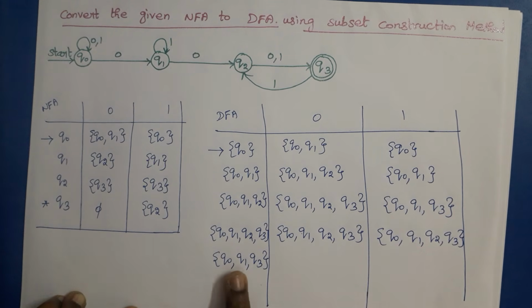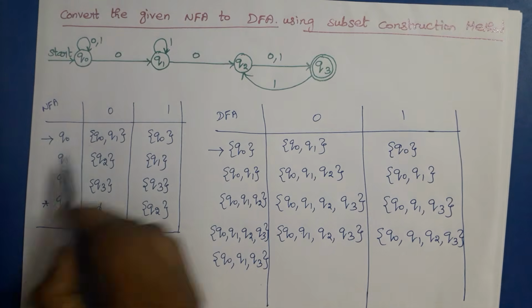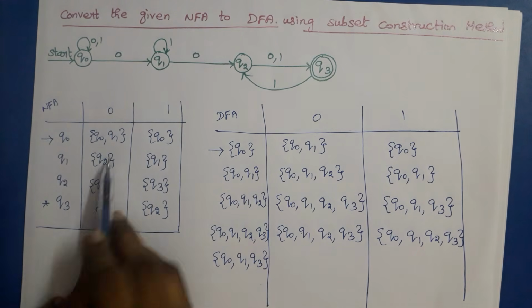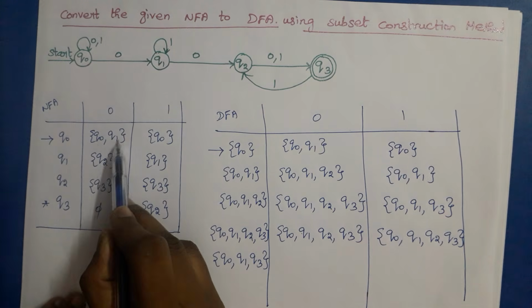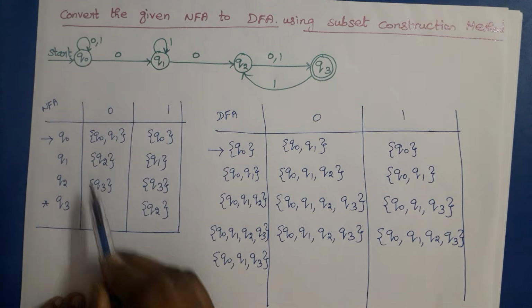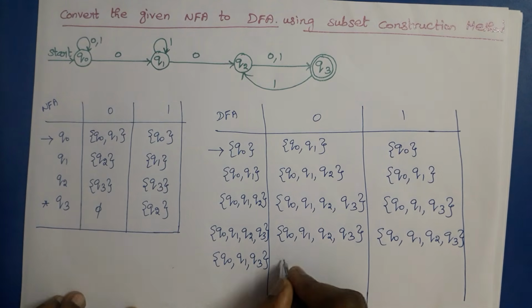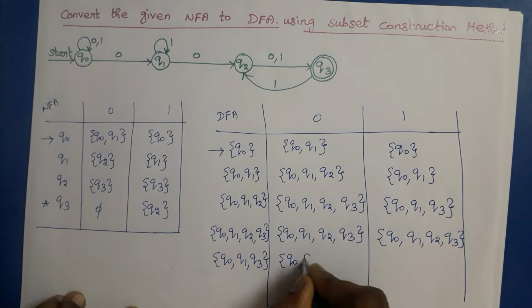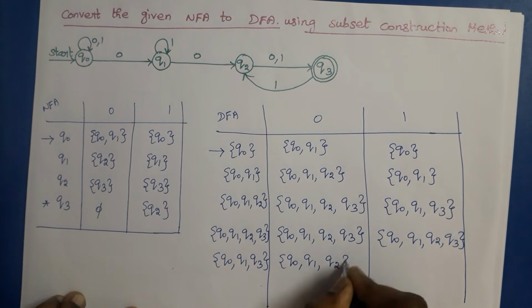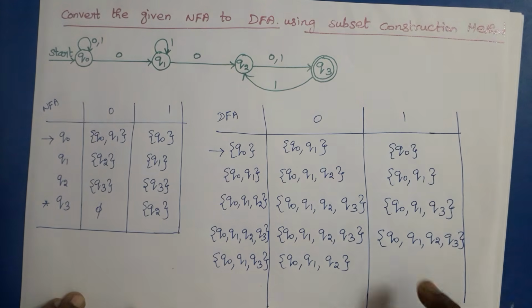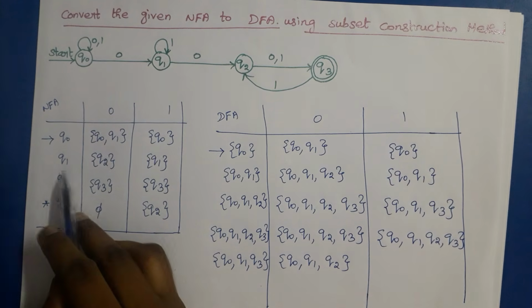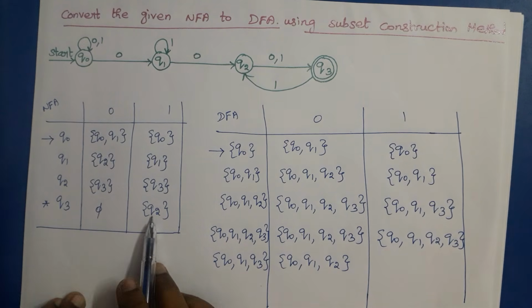Now Q0, Q1, Q3 and 0. So Q0, 0 union Q1, 0 union Q3, 0. The union of these three, Q0, Q1, Q2 union empty set, is Q0, Q1, Q2, and this is already written. Then Q0, Q1, Q3 and 1. So Q0, 1 union Q1, 1 union Q3, 1.